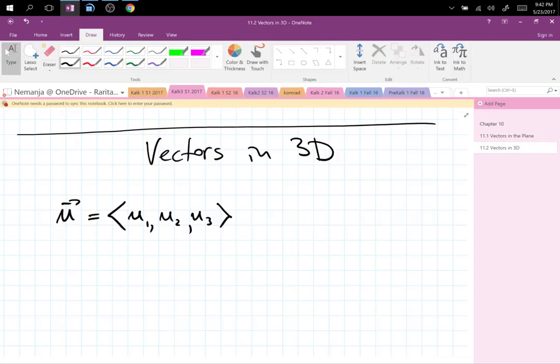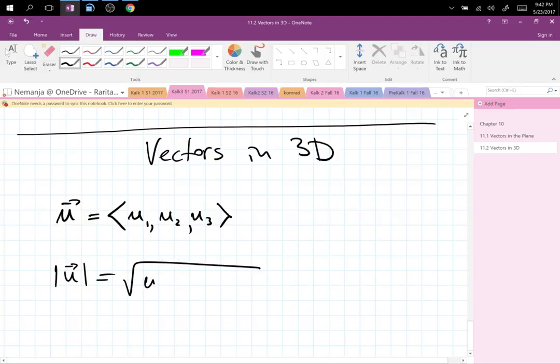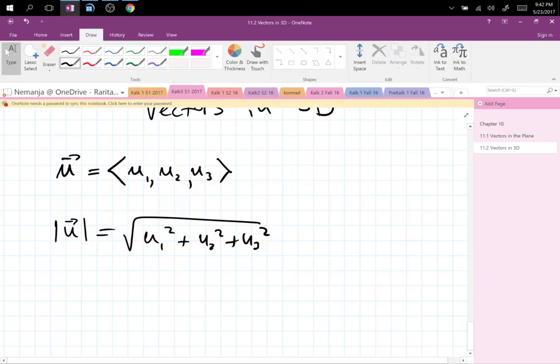To find the magnitude, the length of the vector, we still do u1 squared plus u2 squared plus u3 squared, the same thing as before. We can also add vectors, subtract vectors, multiply by a scalar to change their length. All of that stuff still stays the same.